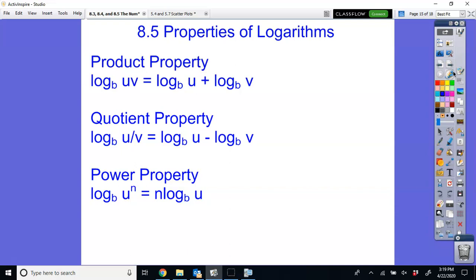One of those is to expand a logarithm, or another way to say that is to split it apart, and condense a logarithm, another way to say that is to combine them together. So essentially these properties of logarithms, and I should correct here, in section 6.5 in your book, are mainly used for us to be able to work with logarithms in a couple of different ways.